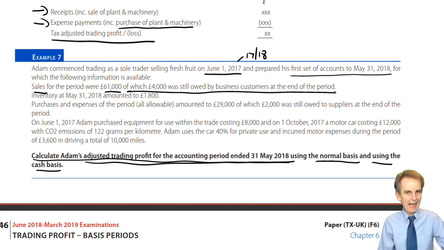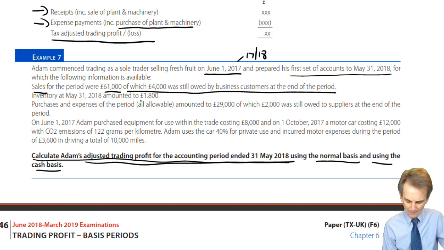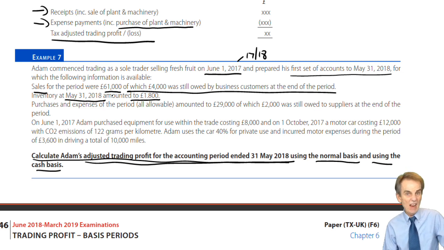So not all of that has been received, so we'll have to take away that 4,000 from the sales figure to get the cash receipts from those sales. Inventory, £1,800 at the end of the period. Irrelevant so far as the cash basis is concerned, but would have to be brought into your normal accounts basis of computing profit to derive your overall cost of sales.